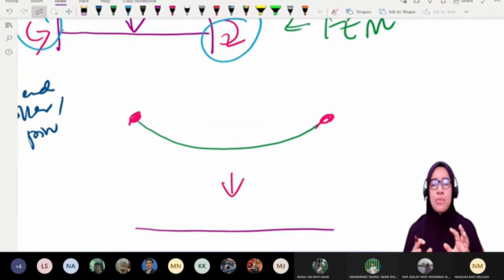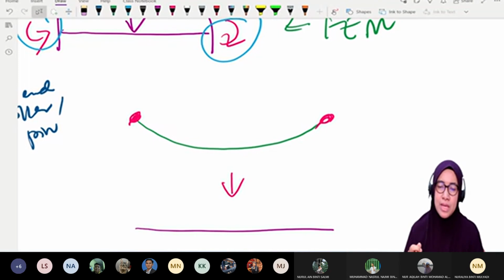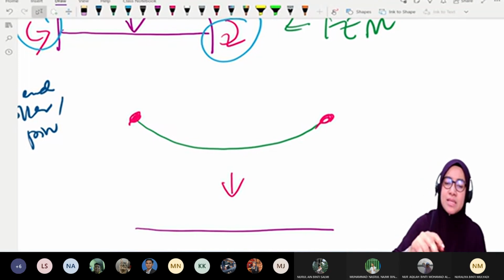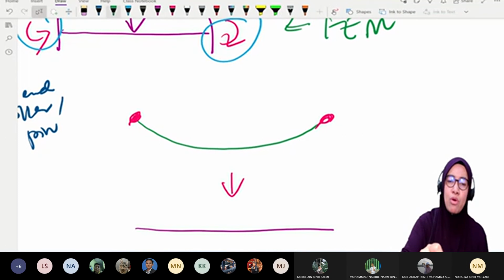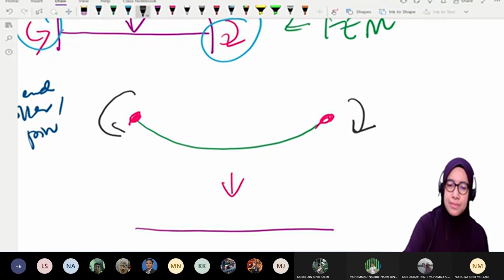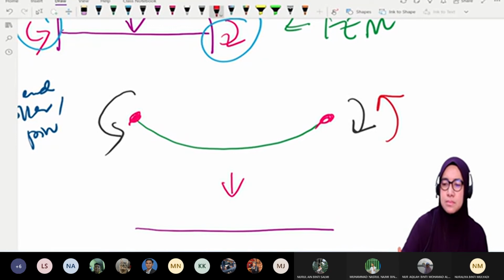So we put fixed end moment. We calculate the value. So the direction of fixed end moment is behavior. Behavior means that if you want to make the bottom one, which direction do you apply the moment? You have to apply the moment in this direction, black, or apply the moment in this direction, red.